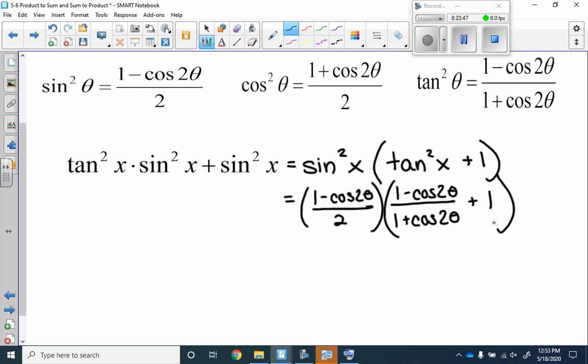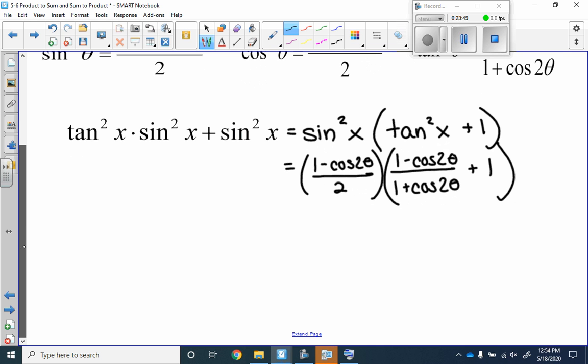And now the simplifying tasks begin, which is, if I'm going to have a common denominator here and I've got that 1, I'm going to make this a 1 plus cosine 2 theta, so then up on top 1 plus cosine 2 theta.